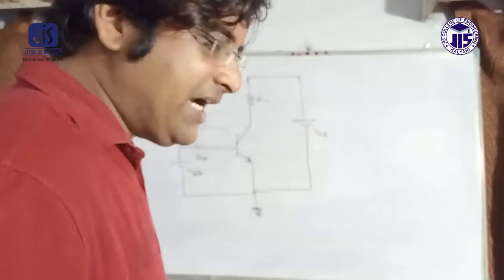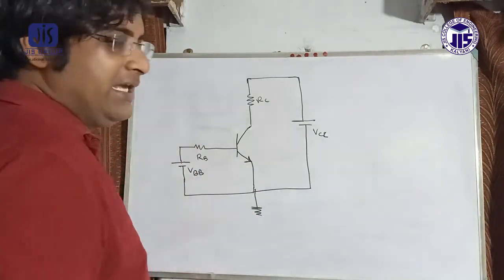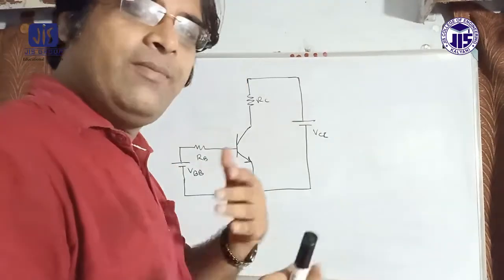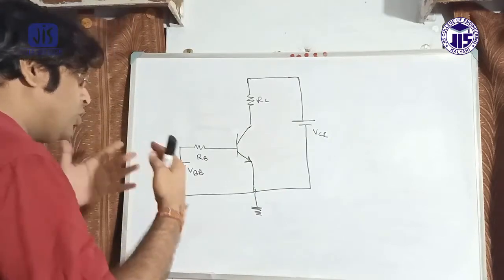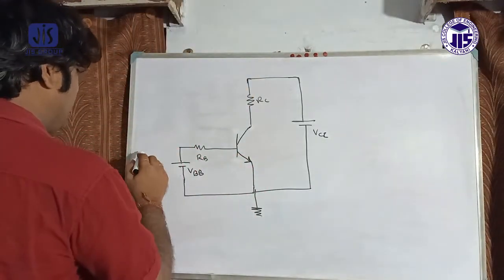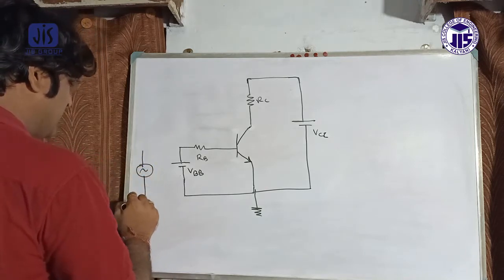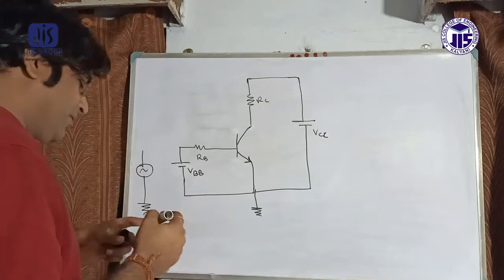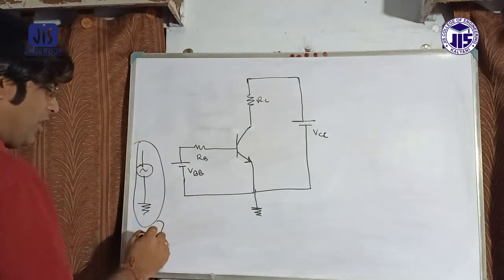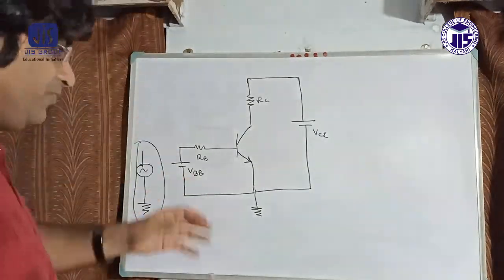So for that, we have to introduce an AC signal at the input side, and then we can amplify it. Suppose I have a source of AC signals like that. So there is also a big question: how can we amplify this AC signal coming from this AC source?